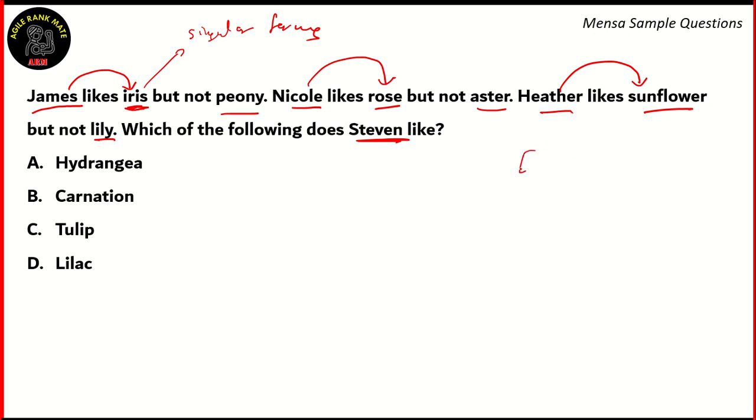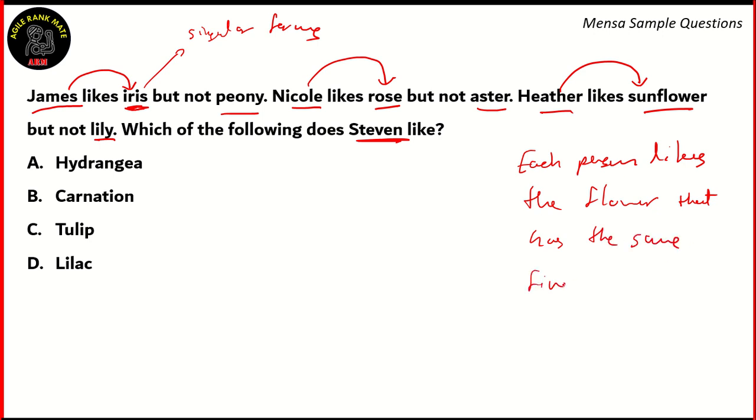So basically, each person likes the flower that has the same final letter as their name. So the flower that Stephen would like would have an N at the end of the word.